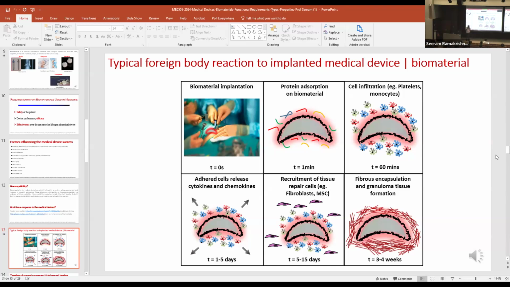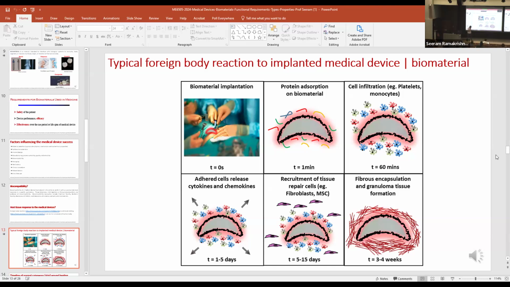They try to deposit on the biomaterial surface. Then after that, there are cytokines. These are basically biomolecules released by the cells in that particular environment. There are many types of cytokines, and they need to be released because they're trying to protect you from the damage. And then after that, there is tissue repair.